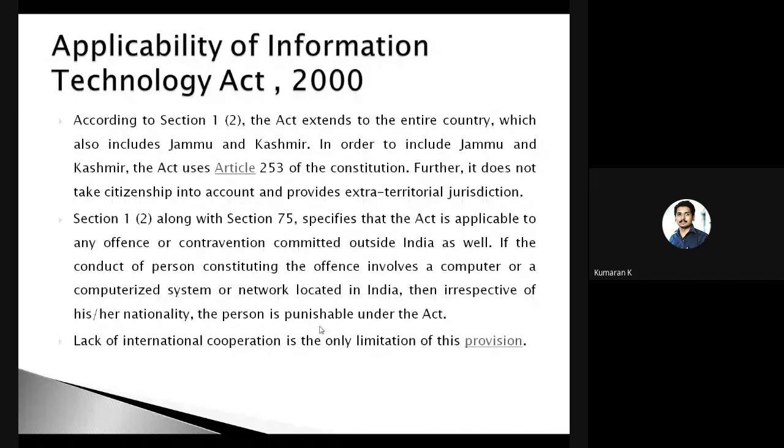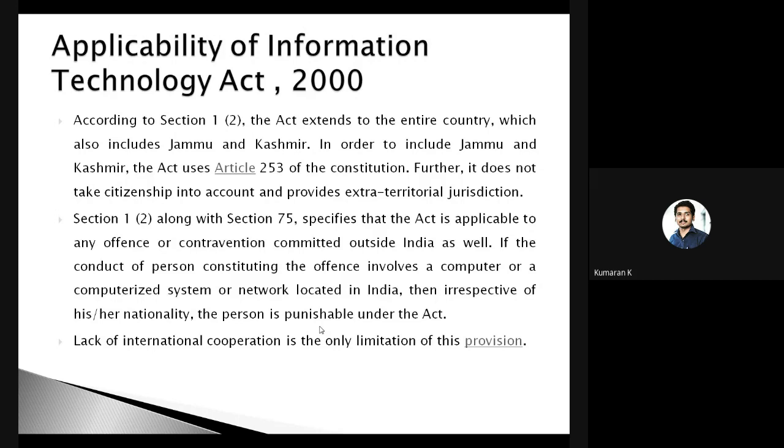Those persons can also be punished inside India. So a person with our citizenship who commits a crime outside India can be punished using this IT Act. And irrespective of nationality, if any person commits offenses inside India, they can be punishable under this act. That is what section 1 along with section 75 is all about.